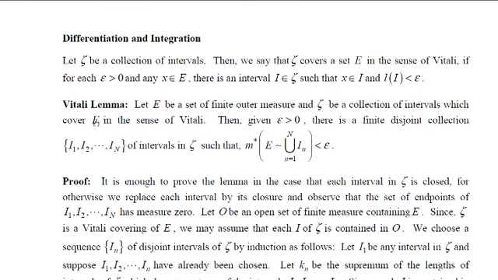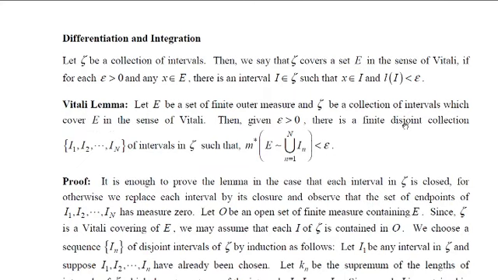Now let us see what the Vitali covering lemma is. The Vitali covering lemma says, suppose E is a set of finite outer measure, that is m star E is finite, and zeta is a collection of intervals which covers E in the sense of Vitali.